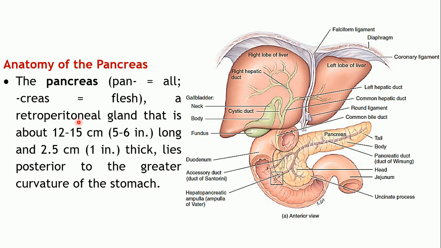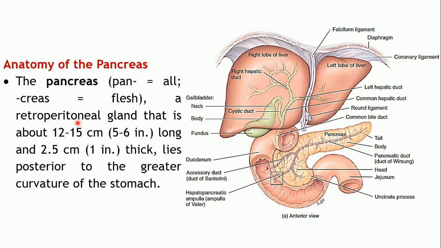That is, they are covered by the peritoneum only anteriorly, only from the front side. The rest of the organs are covered by the peritoneum throughout. There are certain organs which are covered by the peritoneum only from the anterior side. Such organs are known as retroperitoneal. These lie towards the posterior wall of the abdominopelvic cavity. One of these is the pancreas.